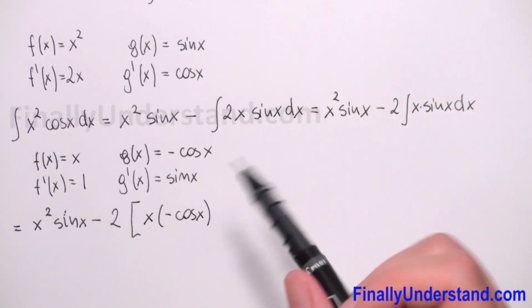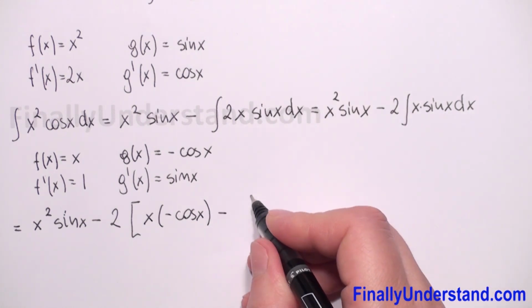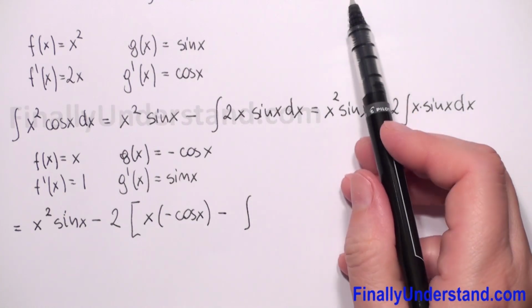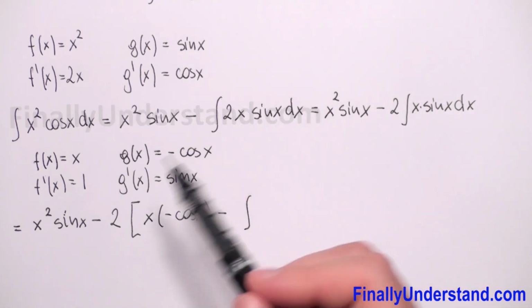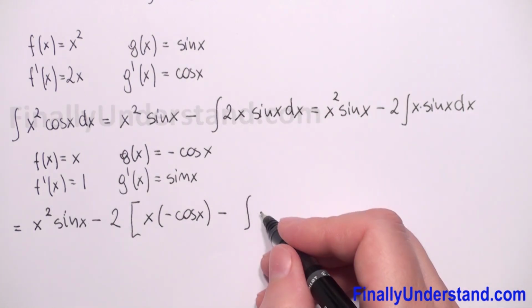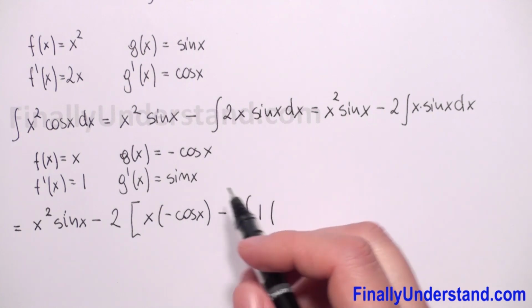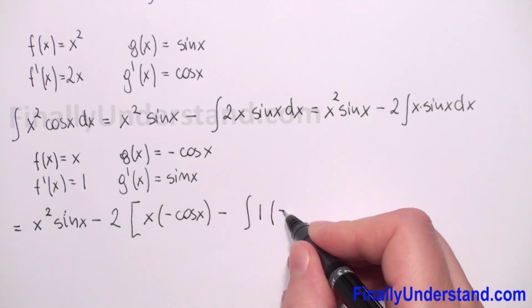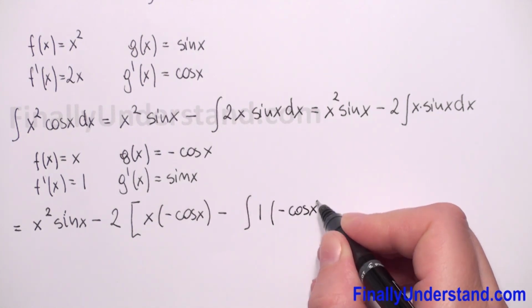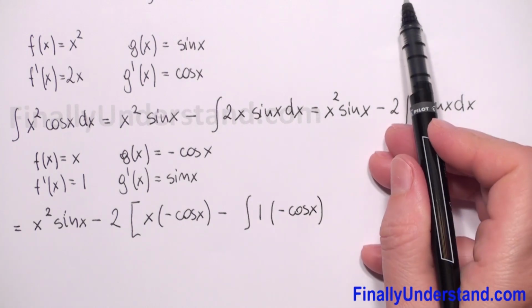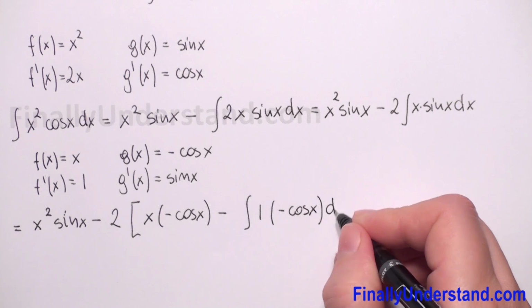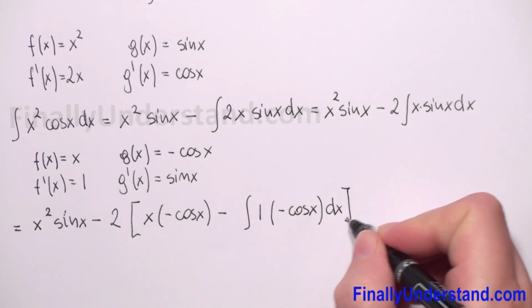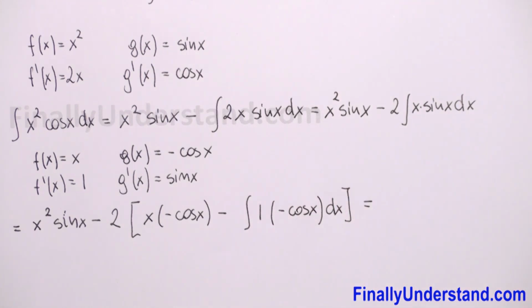Next we have negative sine and the integral of f prime of x times g of x. F prime of x is equal to 1, and g of x is negative cosine of x. And we have the integral with respect to x. Close the brackets.